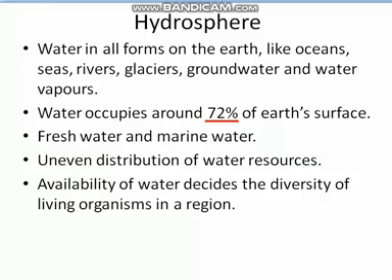Marine water is simply salt water, which is mostly present in oceans and seas. And fresh water includes the water in the form of glaciers, lakes and rivers. Marine water is around 97% of the total, and only 3% of Earth's water is fresh.